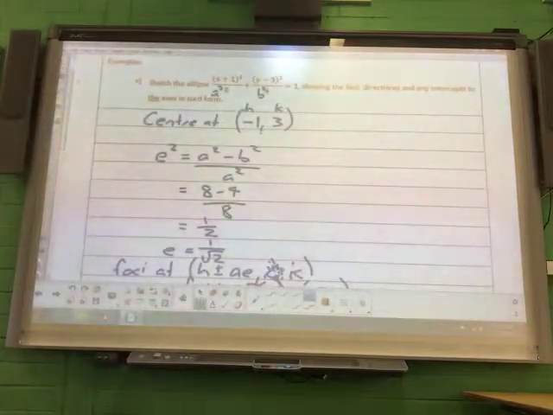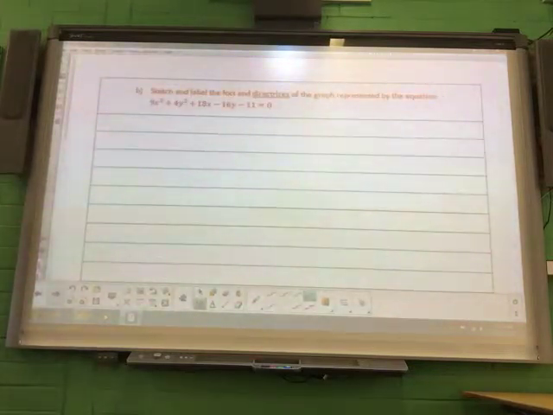So sketch your ellipse, showing the foci, directrices and any intersecting axes in Swivl. Yep. Right, so sketch and label the foci and directrices of the graph represented by this equation. Right, so we're under the heading of ellipse, so we must be needing to sketch an ellipse. However, that equation there is certainly not in the form that we recognise.